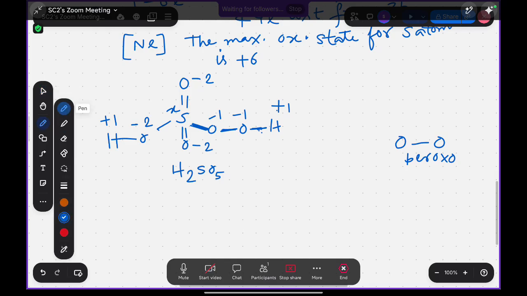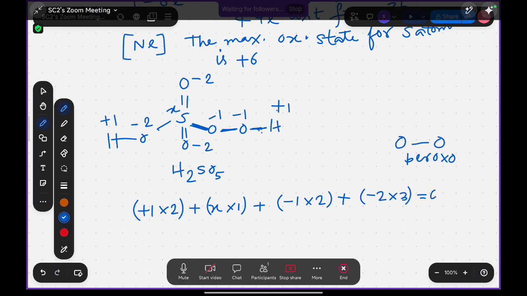For hydrogen we are having 2 hydrogen, so +1 into 2. Plus we are having 1 sulfur, so X into 1. Then we are having 2 peroxo oxygen atoms, so -1 into 2. Plus we are having 3 oxygen atoms which are -2, that means -2 into 3, is equal to 0, because at the end it is a molecule, it is neutral.